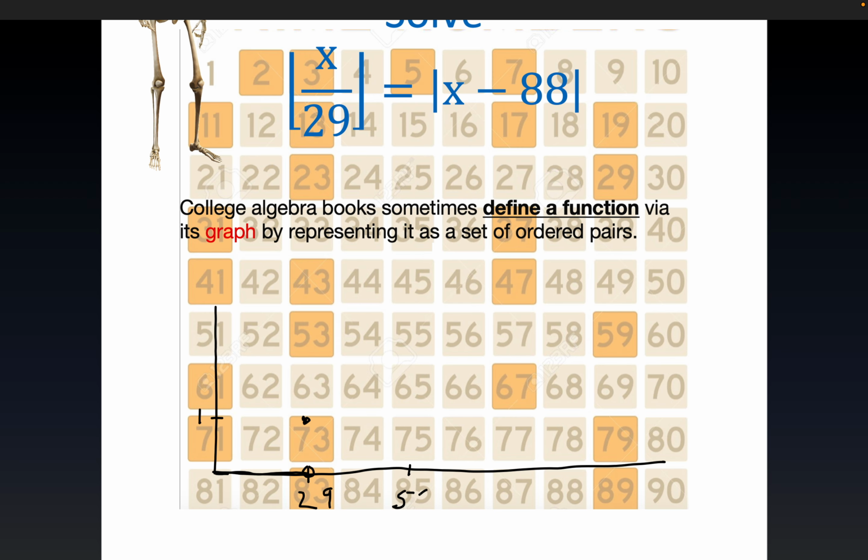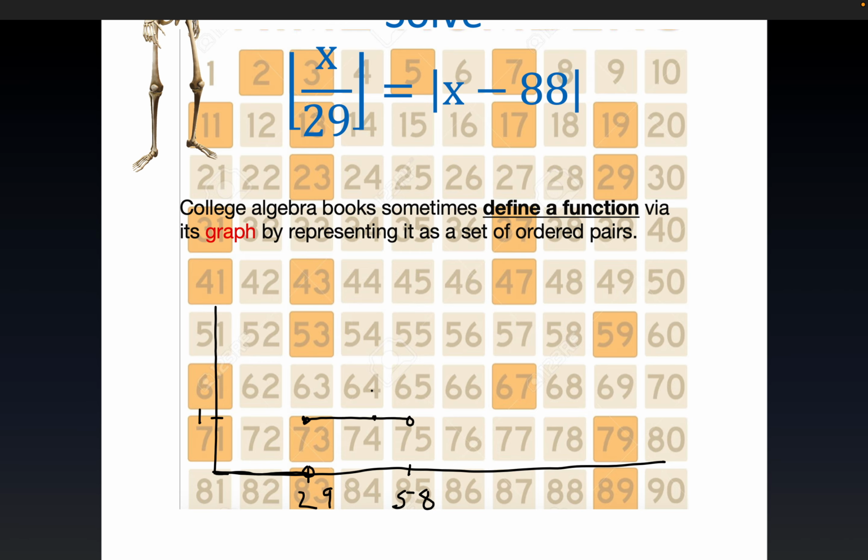Okay, 58. Now the floor of x over 29 when x is between 29 and 58 is of course 1. Okay, let's just talk about an example to make sense of this point.